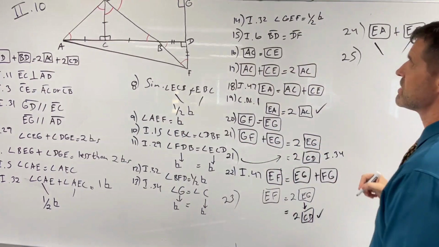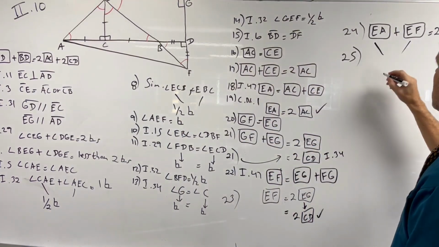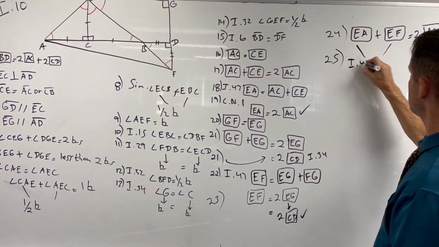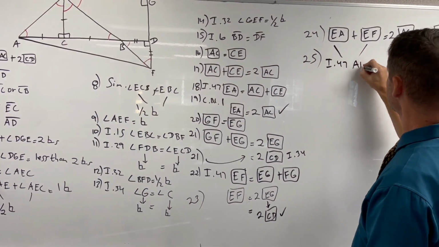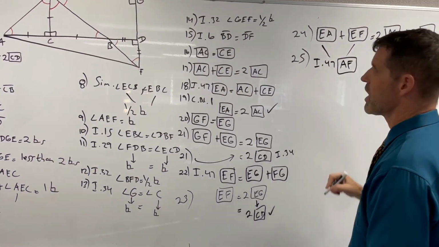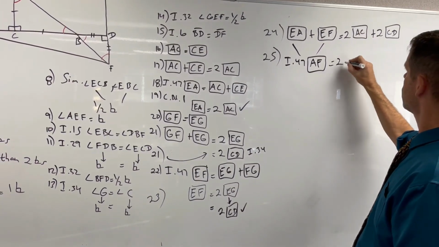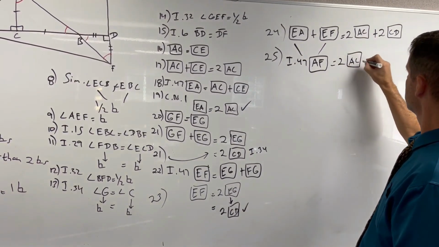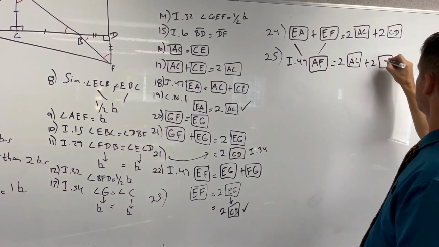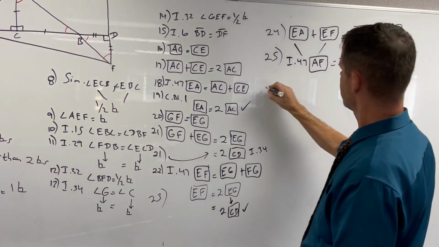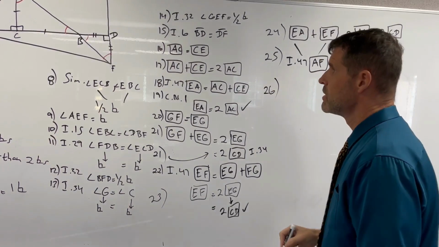So by Proposition 47, I can replace that with AF squared. And we'll just bring this side down: twice the square on AC plus twice the square on CD, step 26.